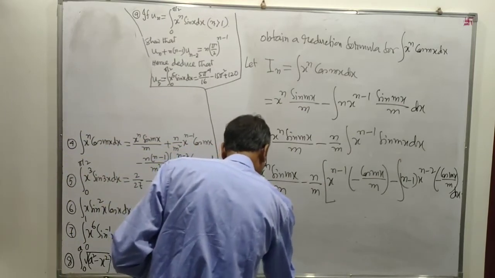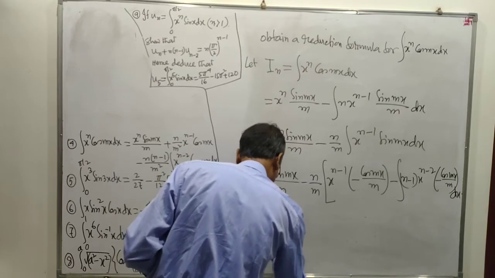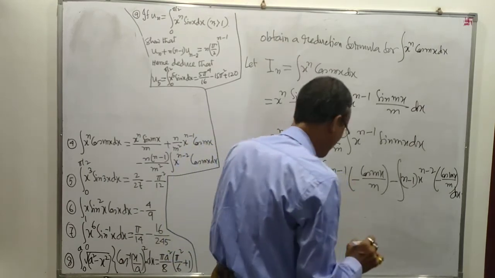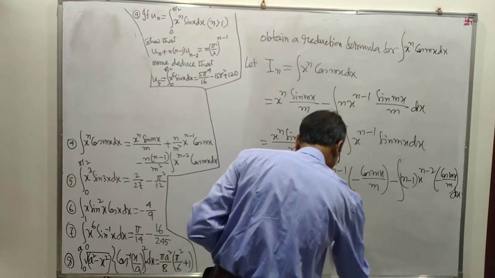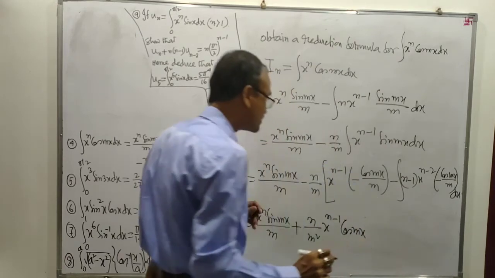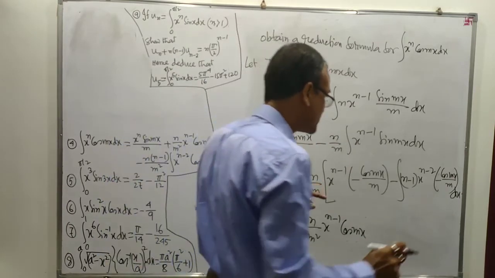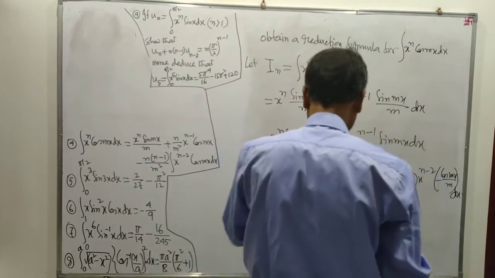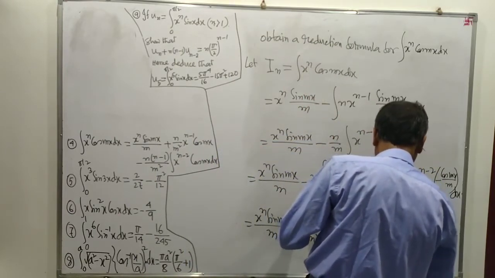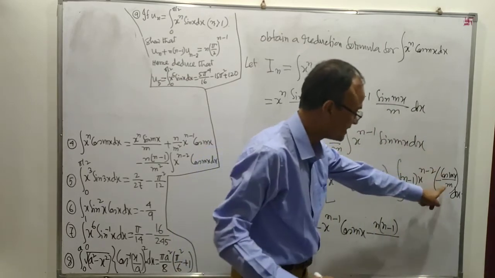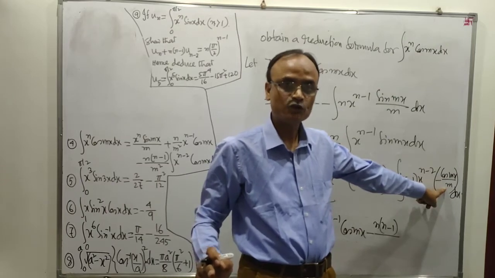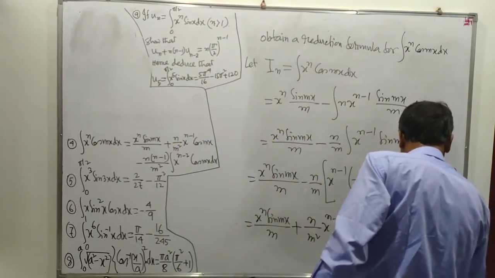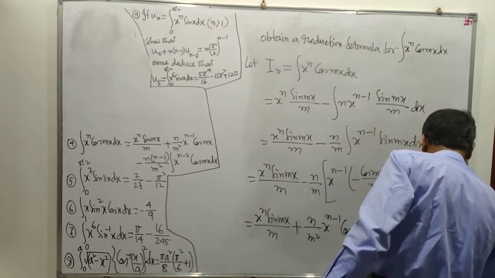This is equal to x to the power n sin mx divided by m plus n by m square, x to the power n minus 1 cos mx, minus n into n minus 1 divided by m square, integral x to the power n minus 2 cos mx dx.